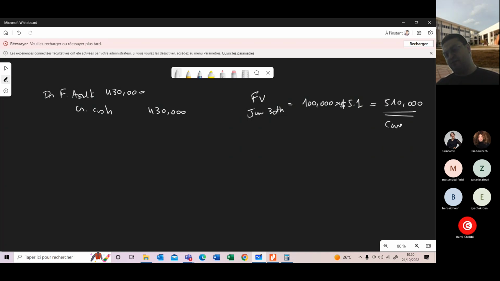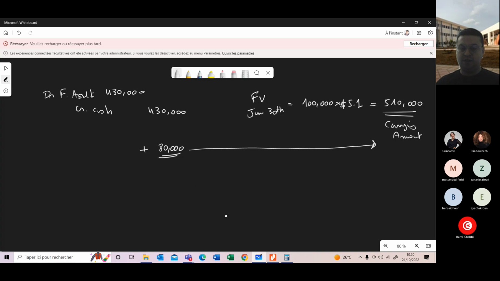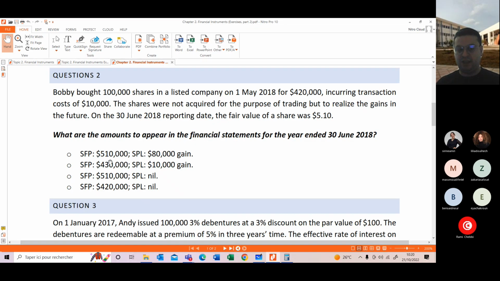So this is the carrying amount that should appear on the statement of financial position. In other words, in addition to the 430,000, we're going to add 80,000 to the asset to arrive at the carrying amount of 510,000. So on the statement of financial position, it's going to be 510,000, and because the statement of profit and loss is nil, the only correct one is A.